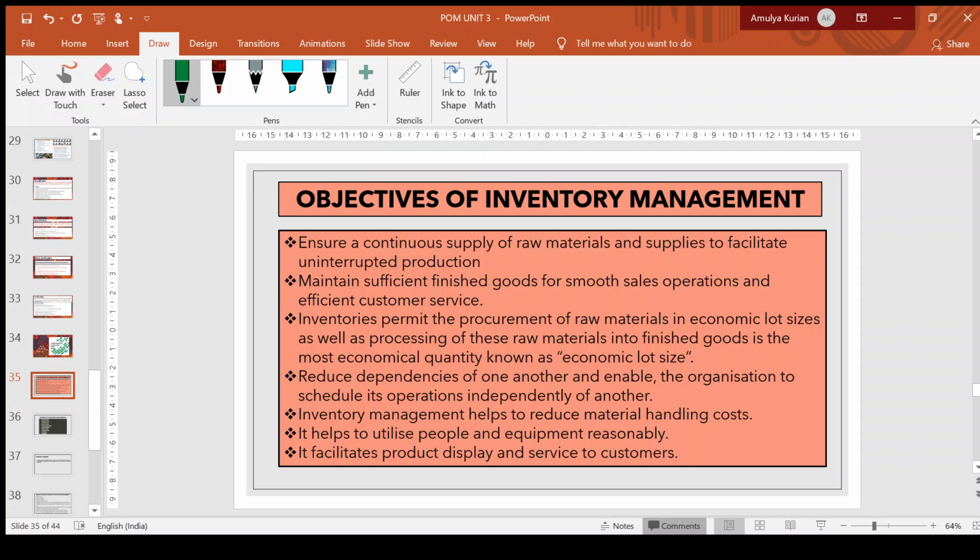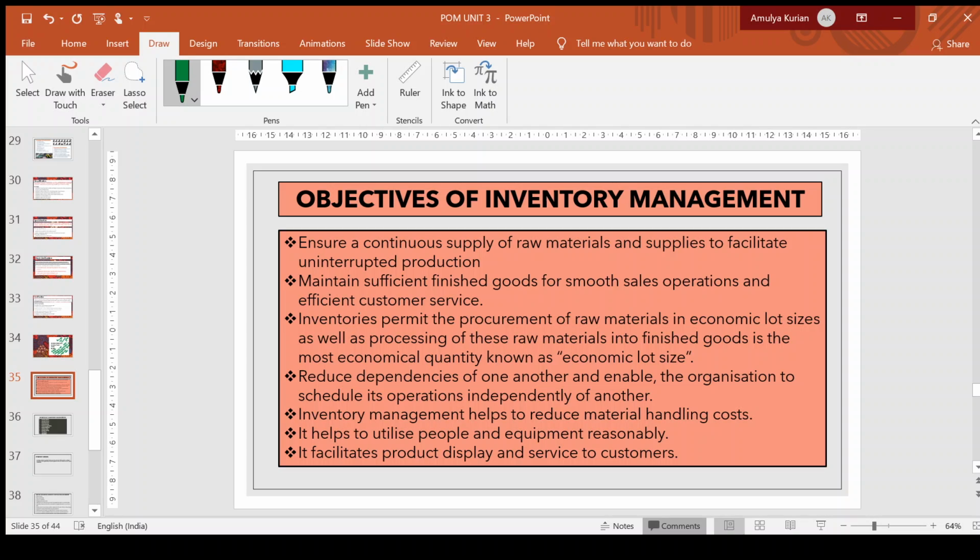The fourth one is to reduce dependency of one another and enable the organization to schedule its operations independently. Fifth, inventory management helps in reducing the material handling cost and helps to utilize the people and equipment well.